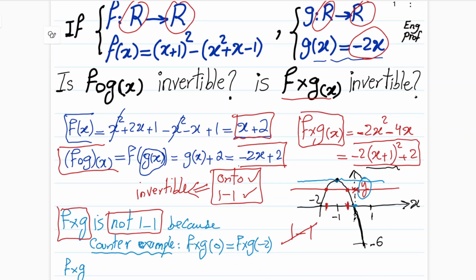But let's continue and check the onto, or surjective, property. So we said the product of f and g is not surjective, or onto, because number 3 belongs to the set of real numbers.